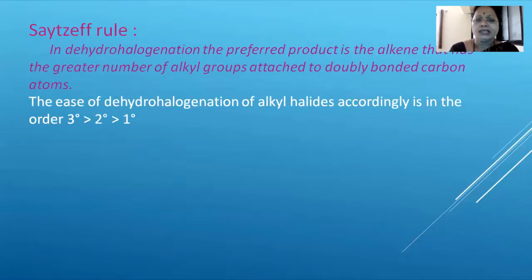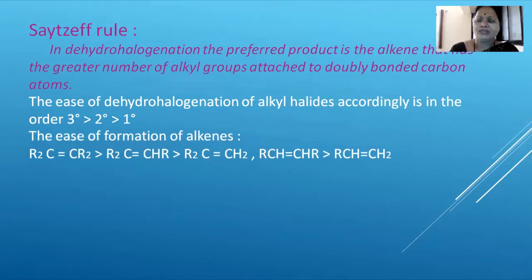Now here, dehydrohalogenation of alkyl halides. In case of alkyl halides, the order of reactivity is like this: tertiary greater than secondary greater than primary. Then for formation of alkenes, the order is again like this: R2C=CR2, this one is the most substituted doubly bonded, and is more stable than tri-substituted.